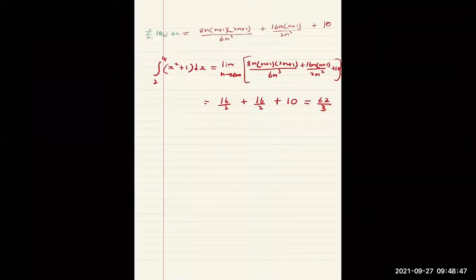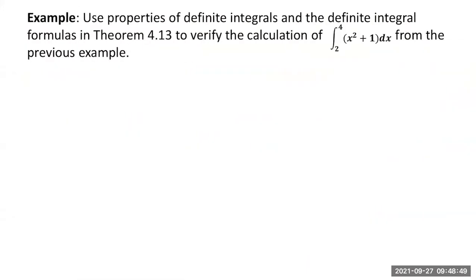Let's notice a few things. If I go back to my example, notice that my a is equal to 2, b is equal to 4. A is the lower bound, b is the upper bound. Now, I'm going to apply some of the integral formulas that we discussed.